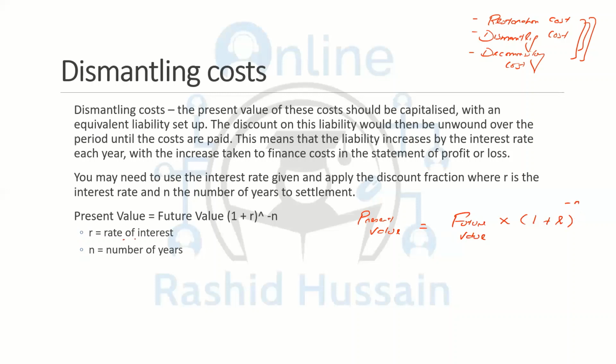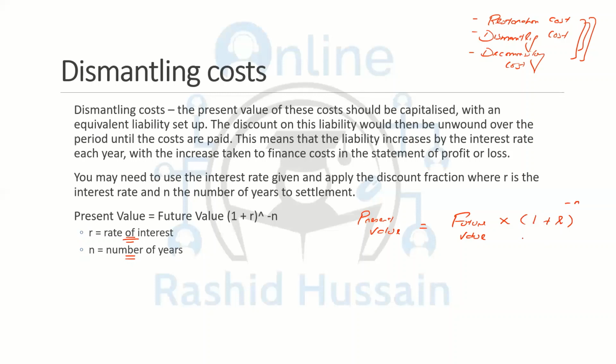R represents the rate of interest, which is going to be given in the exam question. N represents the number of years after which you are going to dismantle it. Sometimes the factor is given in the exam question.